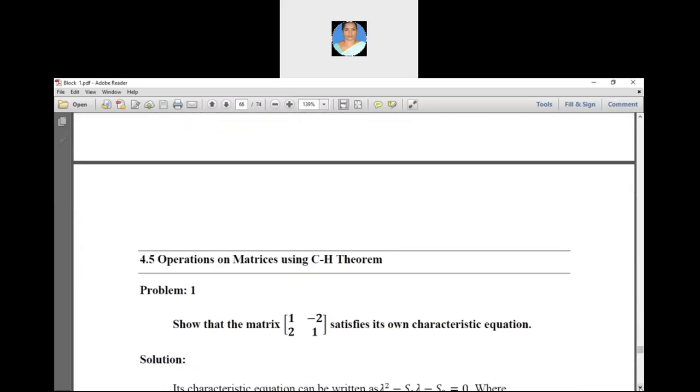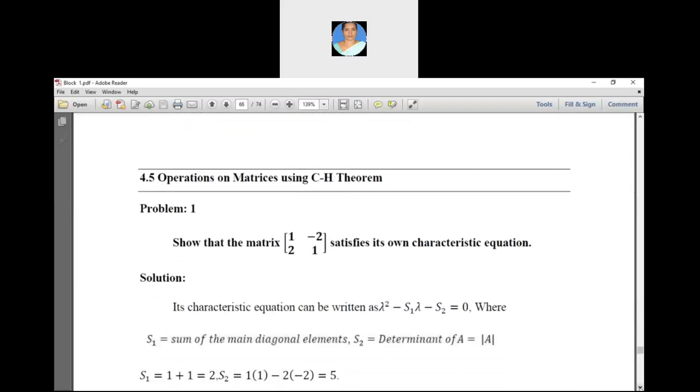The next one is operations on matrices using Cayley-Hamilton theorem.